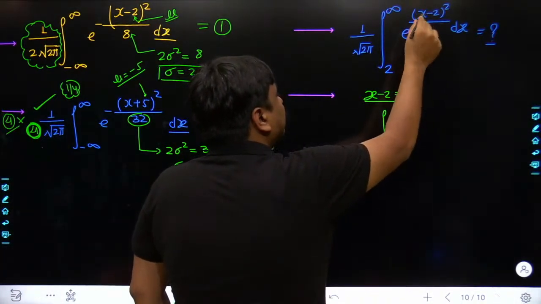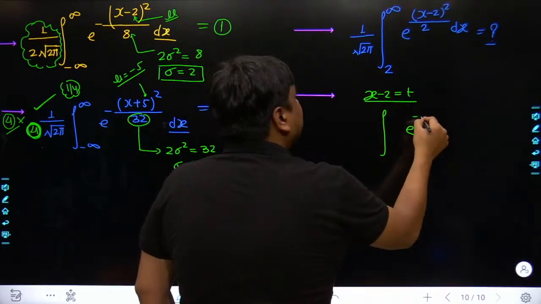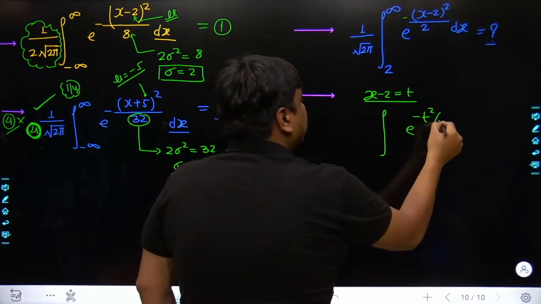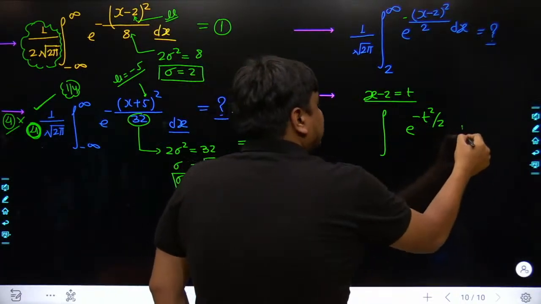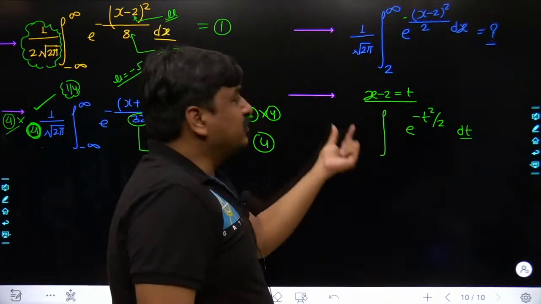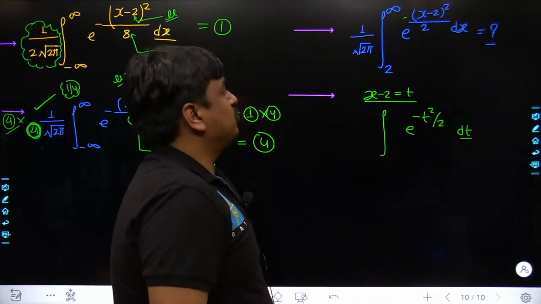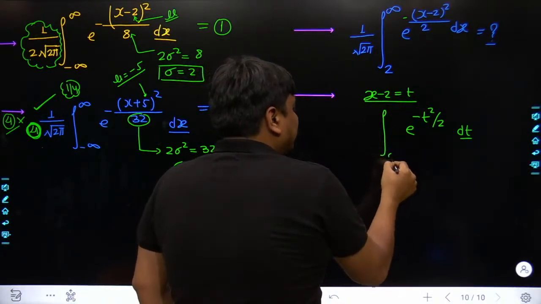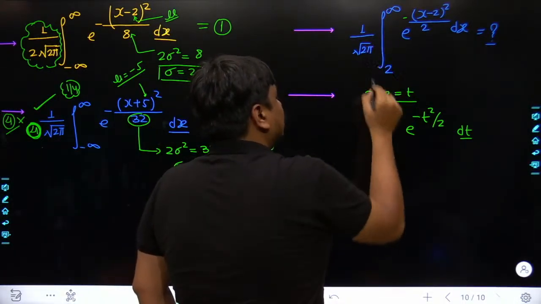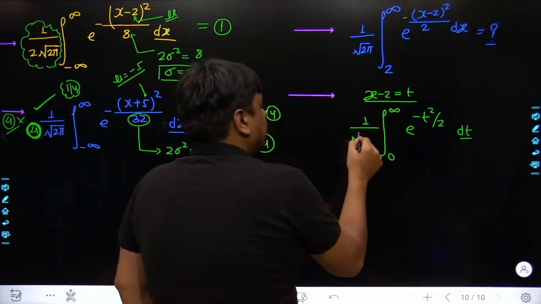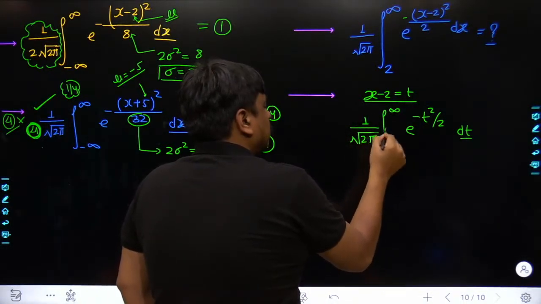Instead of x minus 2 raised to the power of 2, it would simply become minus t to the power of 2 divided by 2. Instead the dx would change to dt, because once you take differentiation on both sides, the dx would get changed to dt. And once you feed x equal to 2, t becomes 0. Once you feed x equal to infinity, t becomes infinity, and there would not be a change on the left hand side.